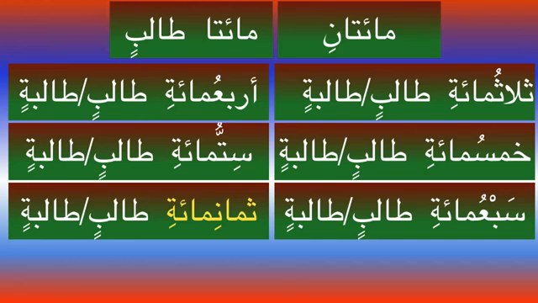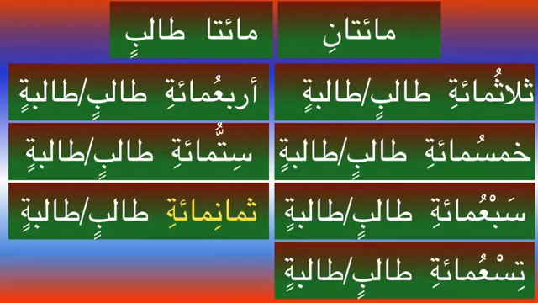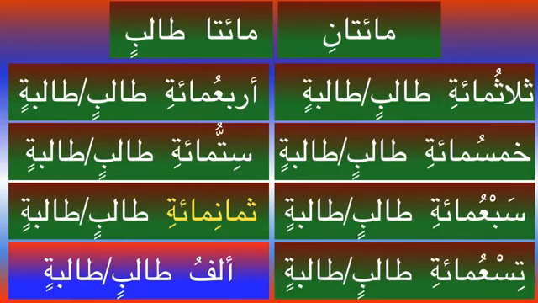So why we have thamaniyat in a different color: normally thamaniya ends with ya, but when we are joining the number which is ending with ya, which is thamaniya, the ya is dropped here. That's why we have thamani mi'ati talibin, 800, and we have tis'u mi'ati, which is 900, and then we have 1000, which is alf talibin. 1000 is alf, and again the ma'dud will be ending with kasra.